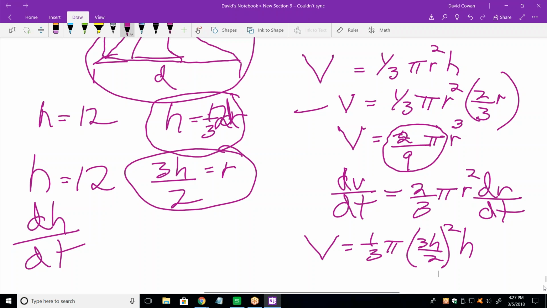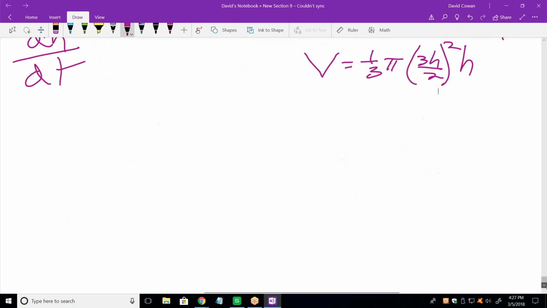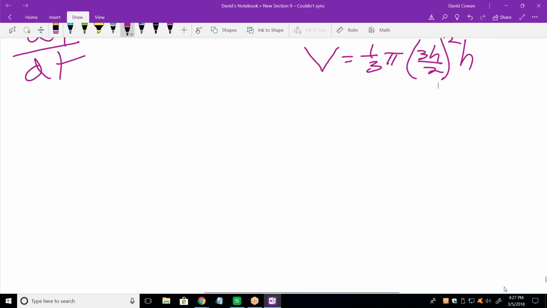So now I've effectively made volume a function of height. That's going to be 9/4 times 1/3, so V equals 3/4 pi h cubed. Correct?